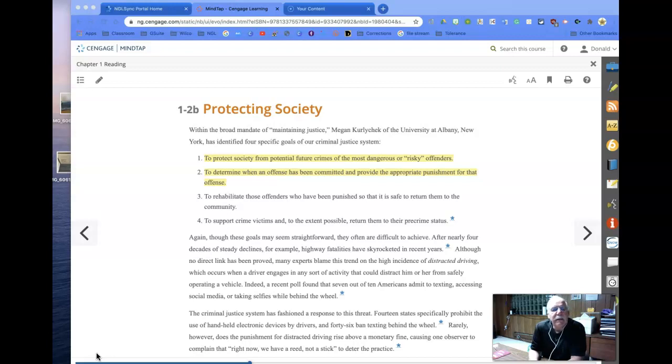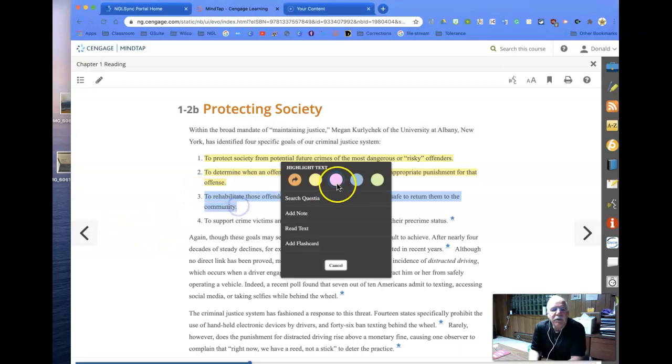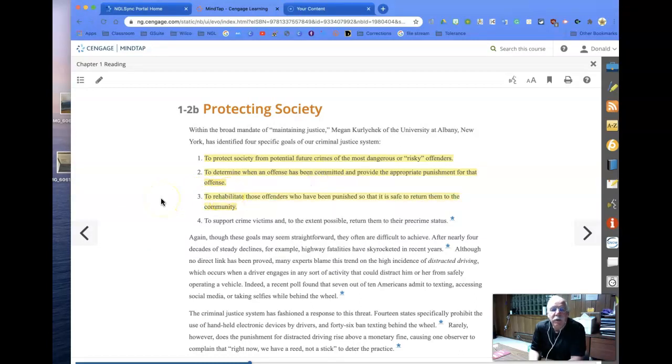Our book describes 4 goals of our criminal justice society, the first one being to protect society from potential future crimes of the most dangerous or risky offenders, to determine when an offense has been committed and provide the proper punishment for that offense, to rehabilitate those offenders who have been punished so that it's safe to return them to society. We don't want to keep them in prison forever. And to support our victims to the extent possible and return them to their pre-crime status.